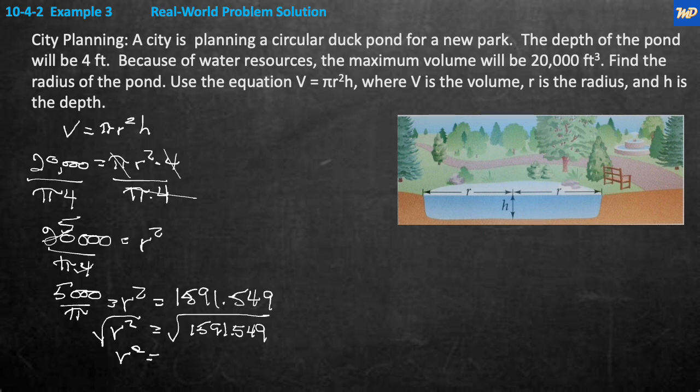Or not r squared, excuse me, I'm getting carried away with my writing here. r is equal to plus or minus the square root of this number here, which ends up being 39.894, and it goes on and on.